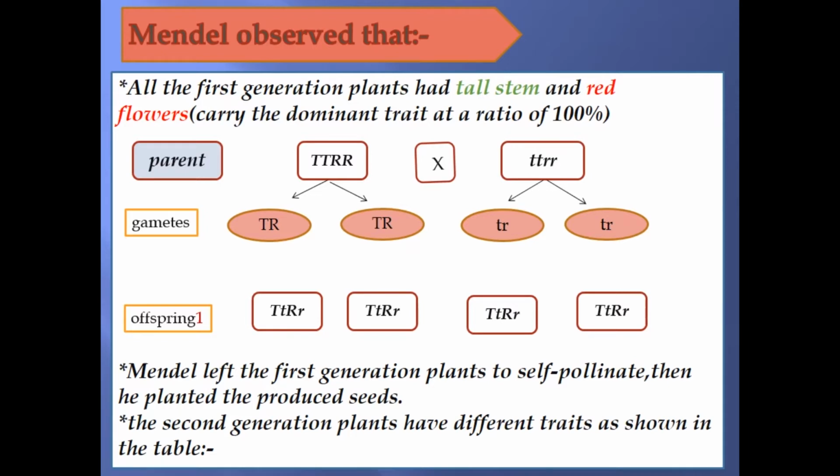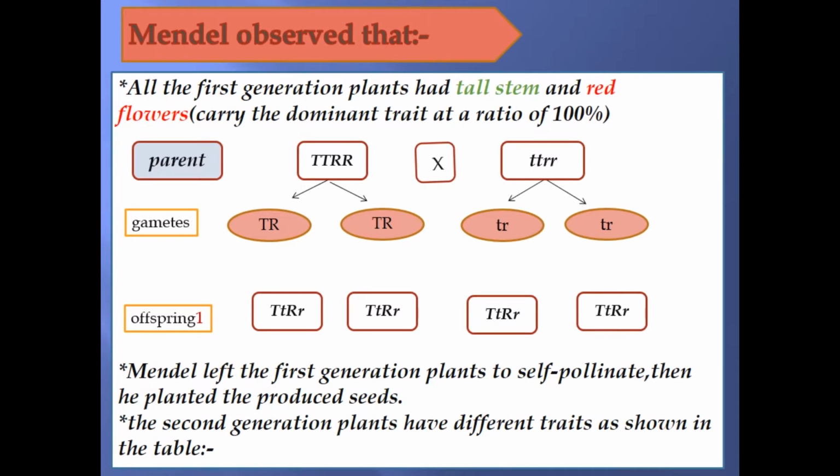So to write the trait of tall stem in the form of genes, the genes which represent a tall stem trait will be written T capital, as long as this trait is pure dominant.